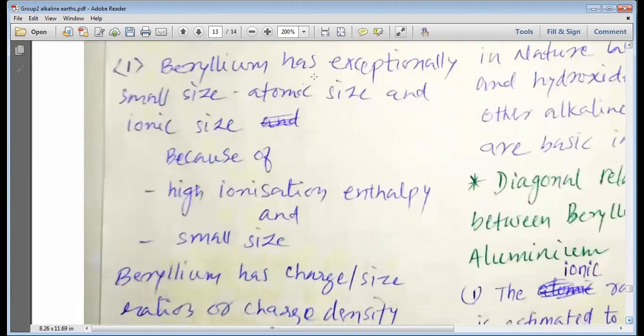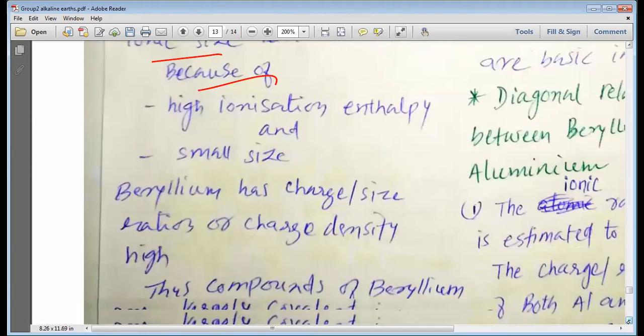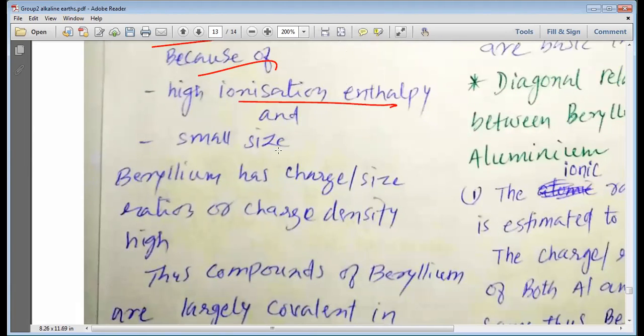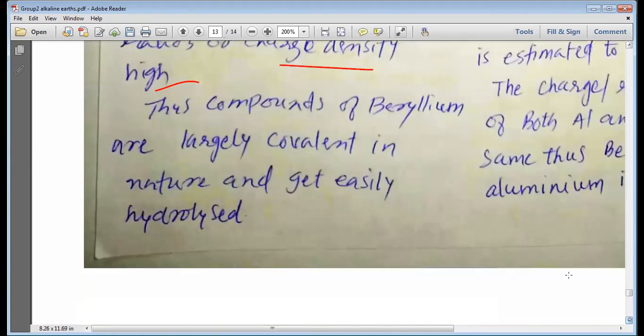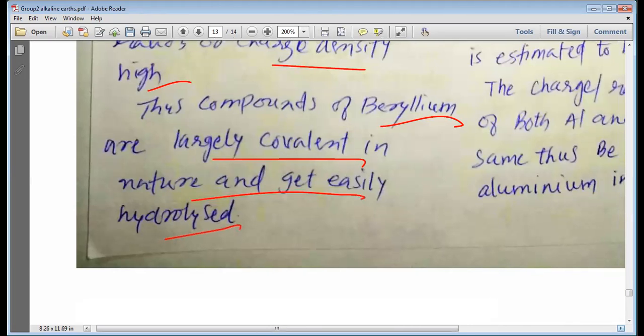Let us see, beryllium has exceptionally small size, both atomic size and ionic size, and this small size is because of the high ionization enthalpy. Because of the high ionization enthalpy and small size, beryllium has a very high charge to size ratio, or very high charge density, and due to this, the compounds of beryllium are largely covalent in nature and get easily hydrolyzed.